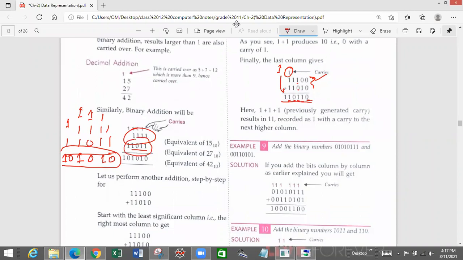So we know that 1111 is 15 and 11011 is 27. You need to convert it into decimal and then add in decimal. 15 plus 27 is 42, and then convert that decimal into binary, which will be 101010. So this is also a method how we can add two binary numbers together.